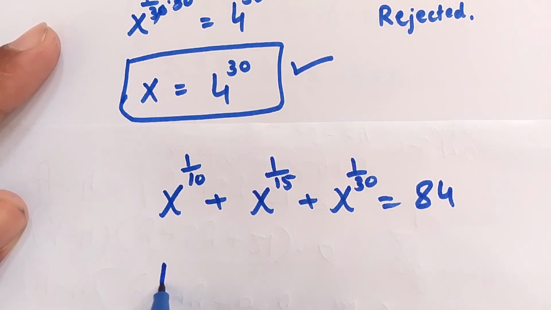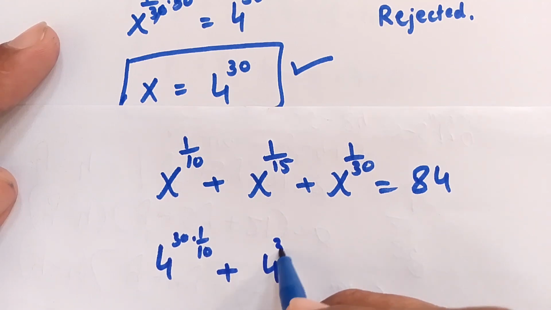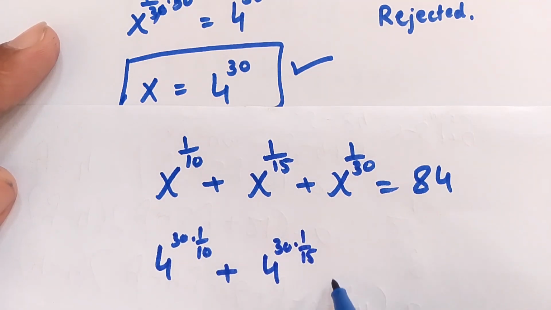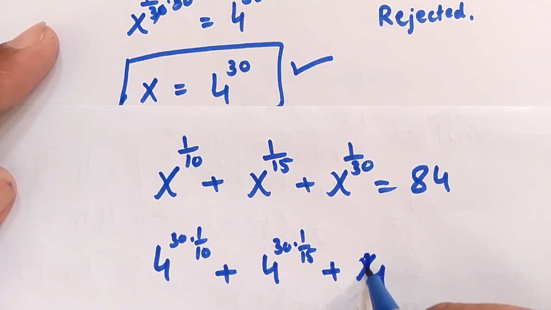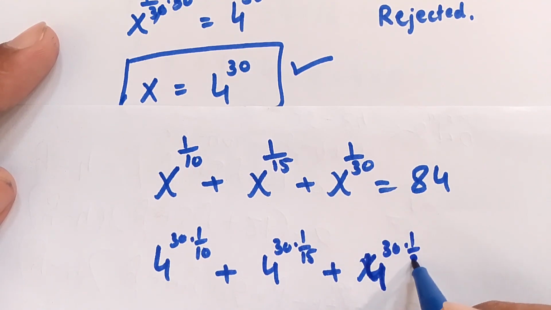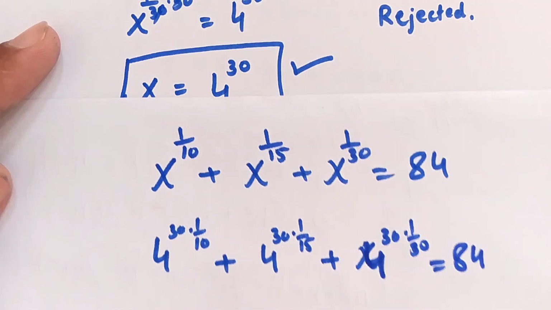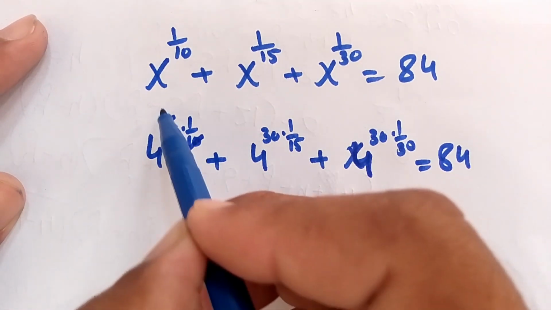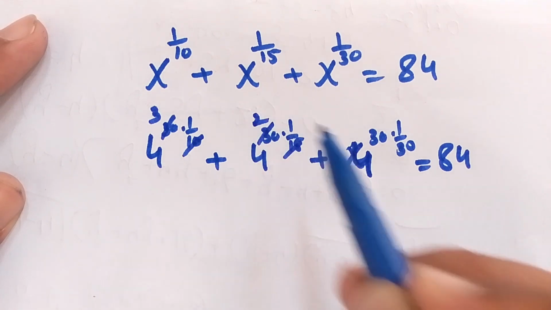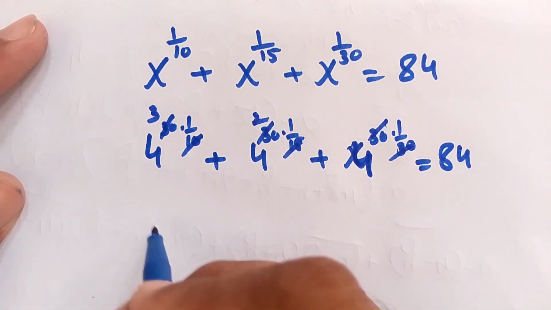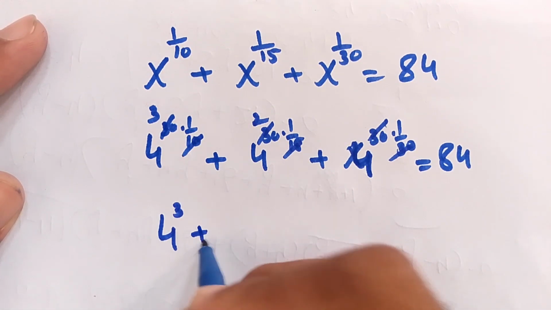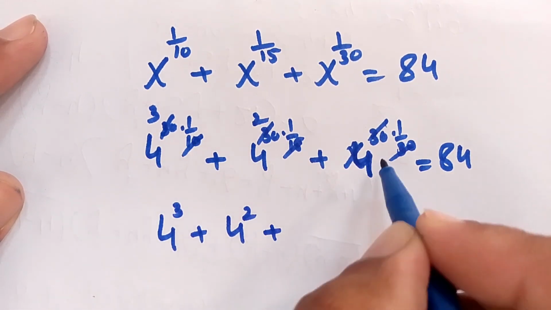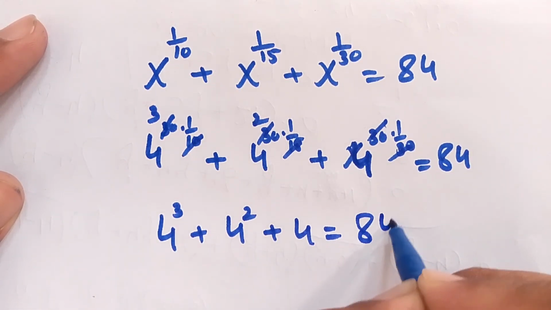So this will become (4^30)^(1/10) + (4^30)^(1/15) + (4^30)^(1/30) = 84. Now 10 times 3 is equal to 30 and 15 times 2 is equal to 30, and this 30 cancels with this 30, so 4^3 + 4^2 + 4 is equal to 84.